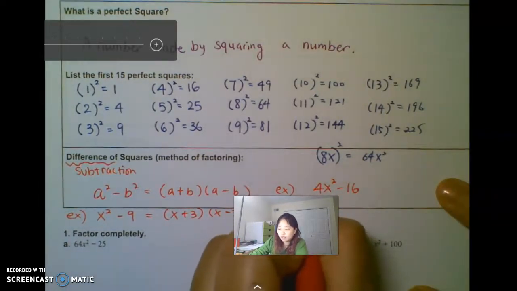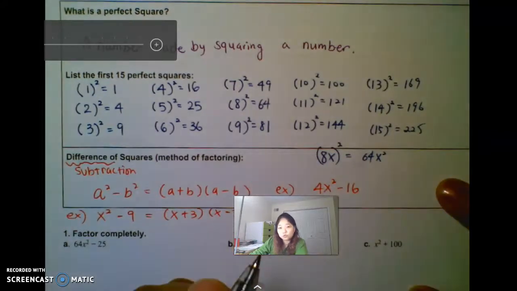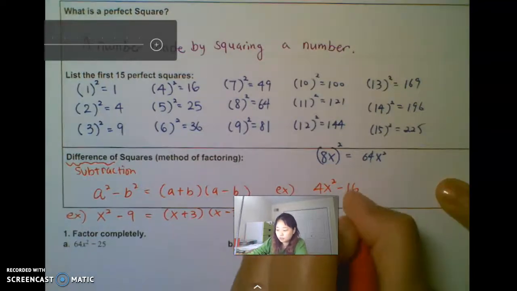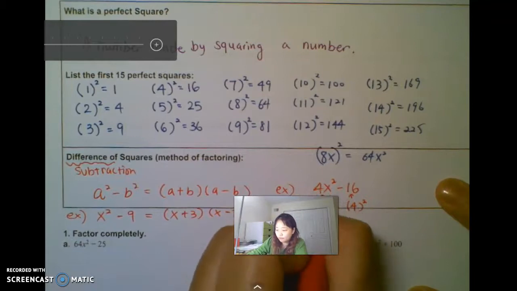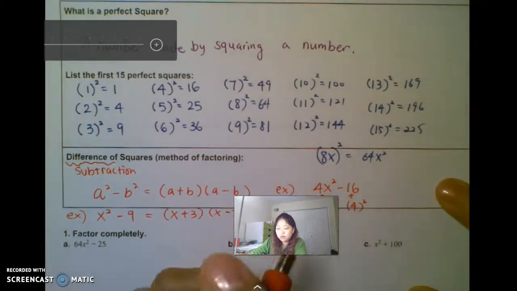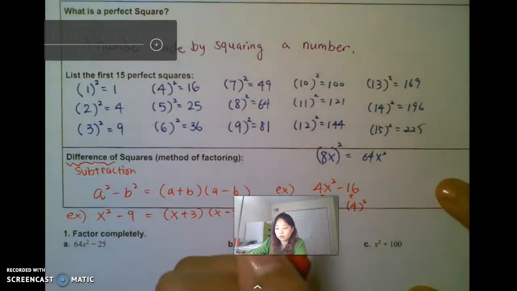Then I would take the square root to try to figure out which two terms or numbers make up that perfect square. So this 16 would be 4 squared, right? And 4x squared would be 2 times 2 is 4, x times x is x squared, so that would be 2x squared is 4x squared.